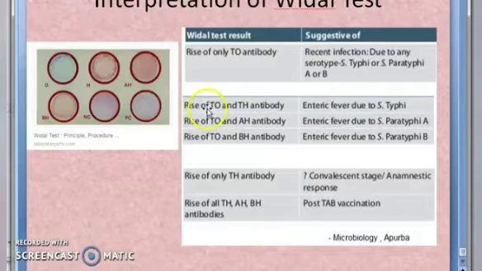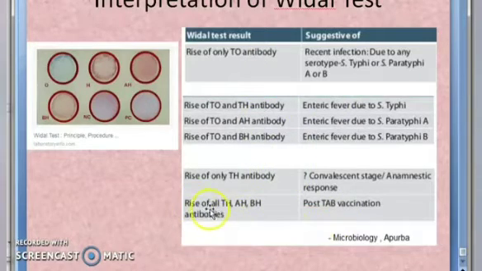Now, if TO and TH increase, then it is definitely Typhi. If TO and AH increase, definitely Paratyphi A. If TO and BH increase, definitely Paratyphi B. No doubt, these 4 are clear. Correct? Now, 2 strange things are there.